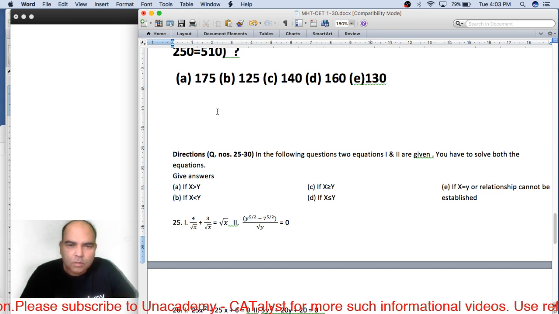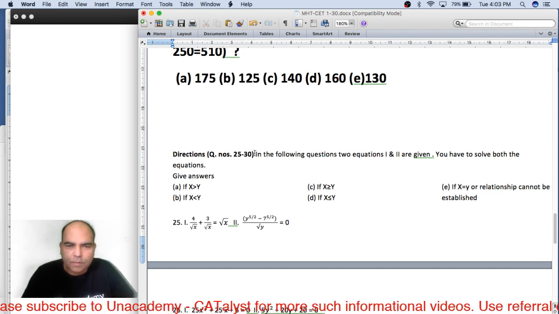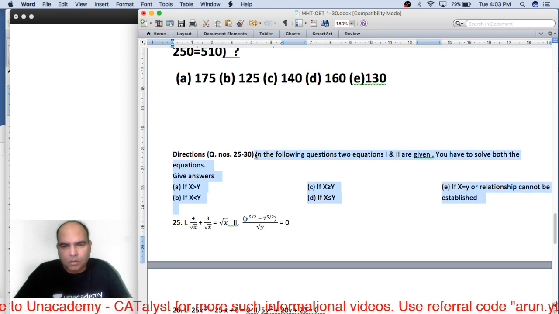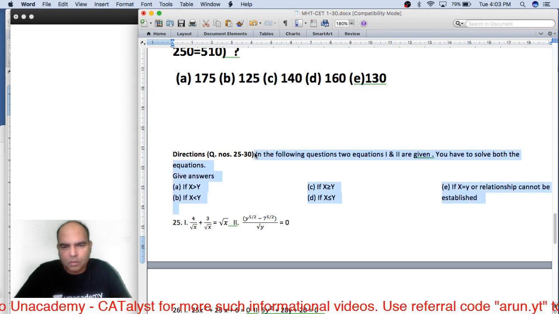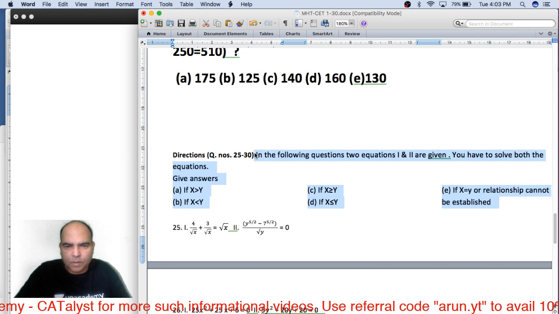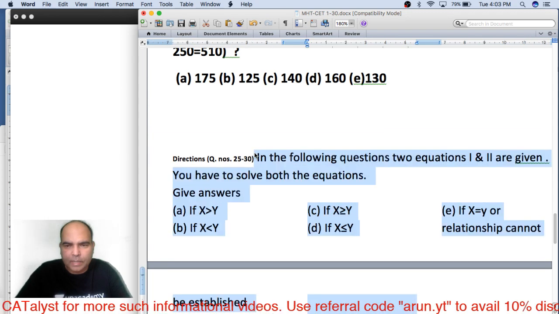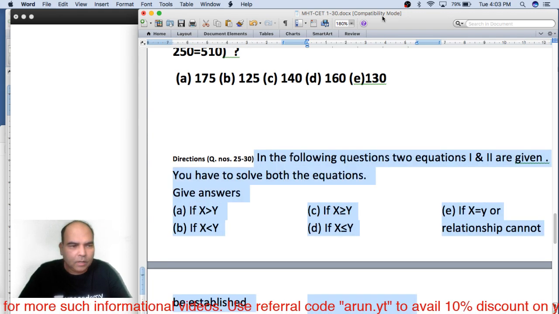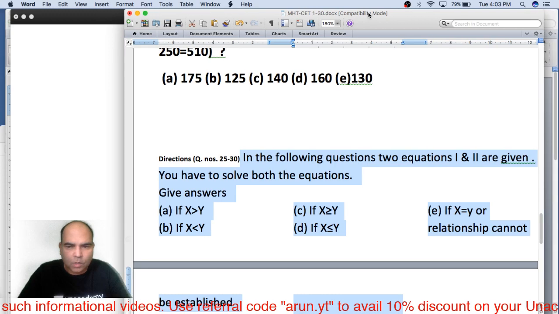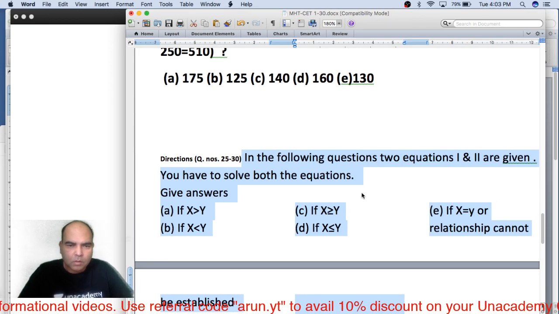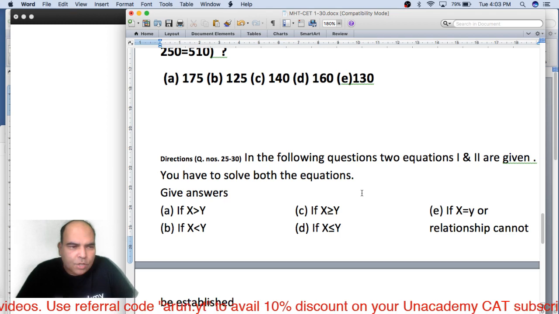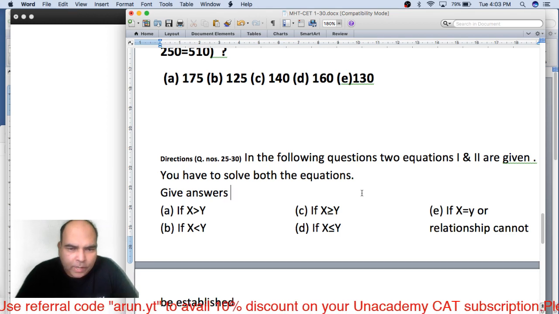So, this is the first question for today, and the following questions, and this is very, very common in terms of CET. This question type asks you to determine the relationship between two variables x and y.